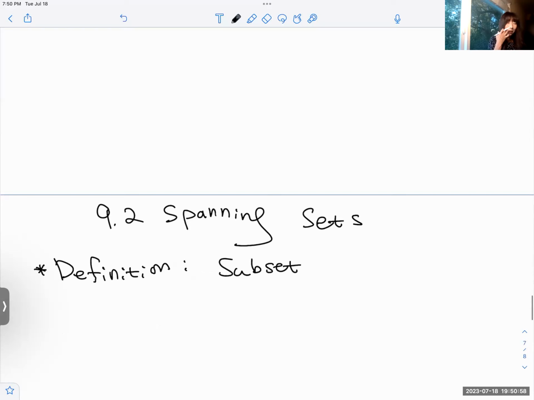All right, so we have two sets. Let X and Y be two sets.